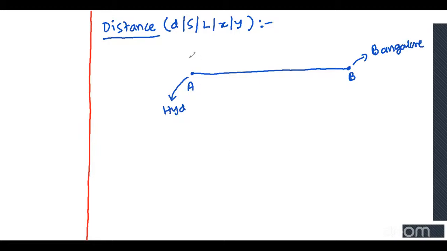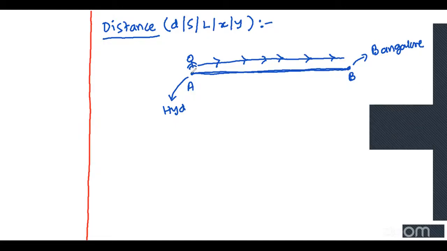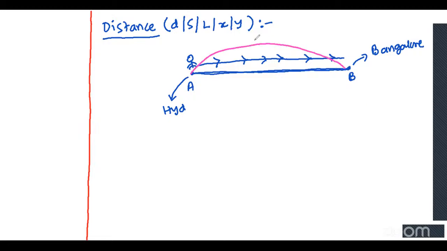Now, if a person starts from Hyderabad and travels towards Bangalore, I want to find the distance. Distance means the path length along which he is moving. He can move like this, or like this, or like this.